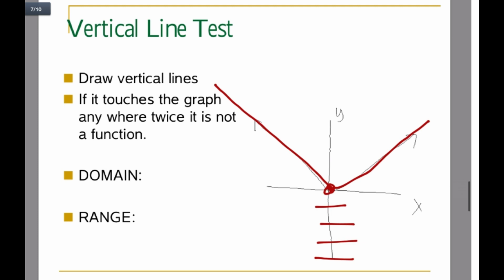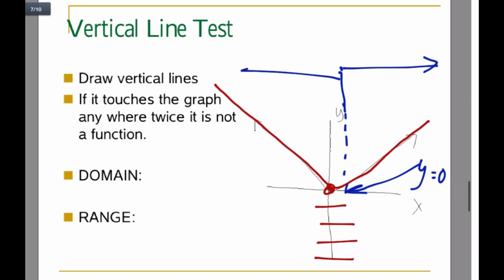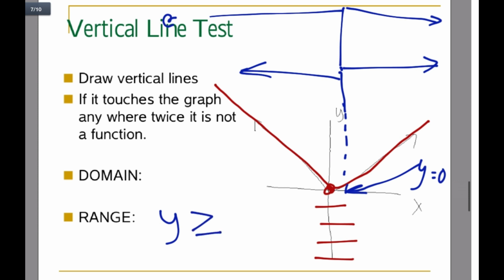So from 0 on the y-axis, y equals 0, there are points all the way up forever. So as I continue to go up, there's points to the left and there's points to the right. If I go up further, there's points to the left, points to the right. It will continue to have points way out here up on the y-axis. So what we say is that y has nothing below 0, so we say y is everything bigger or equal to 0. And that is your range.